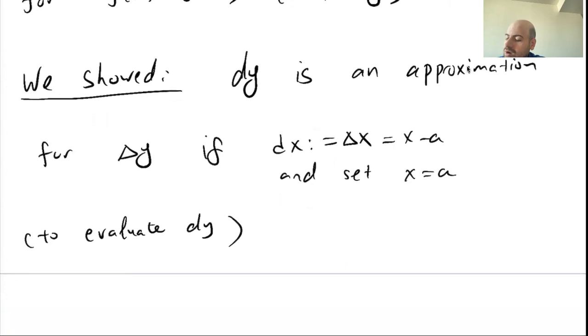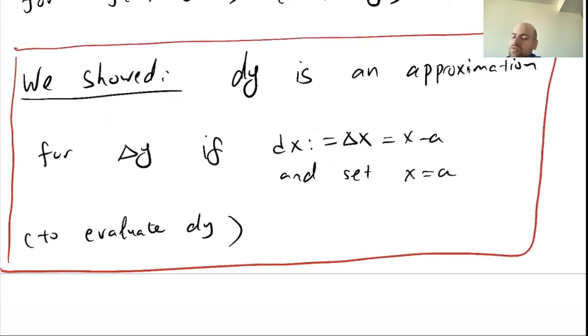Okay, so dy, which in general is a function of two variables. But if you choose your two variables wisely, in the sense that you choose x to be a and dx to be delta x, then dy will give an approximation for delta y. It's not going to be the exact value for delta y, but it's going to be an approximation for delta y.